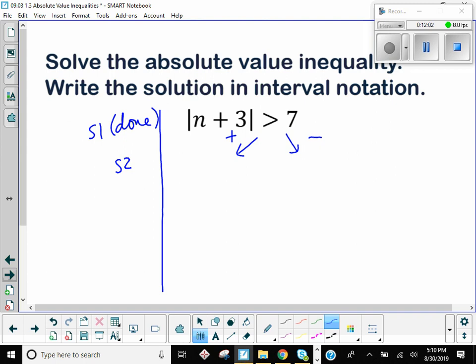So drop the bars, leave it the same for the positive. Drop the bars, make it negative, flip the sign for the second version. Now we solve and graph.